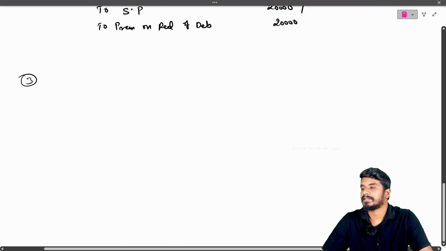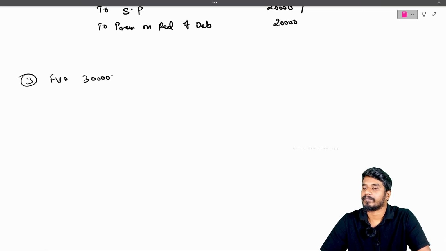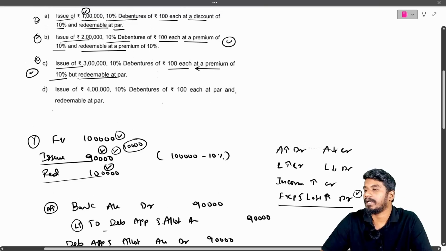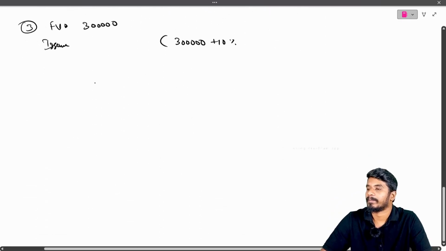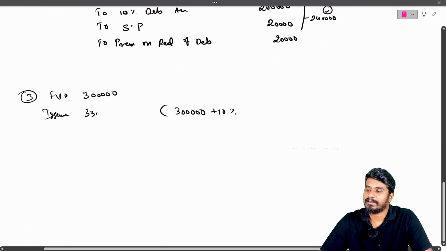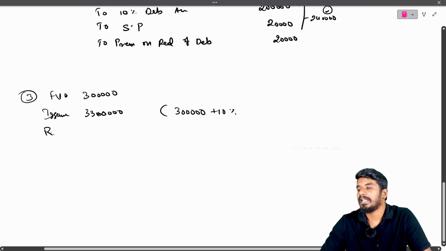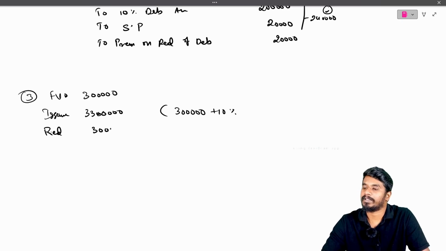The third case, face value is 3 lakh and they are issuing at premium, 3 lakh plus 10% premium. That is 3,30,000. Redeemable at 3 lakh only.